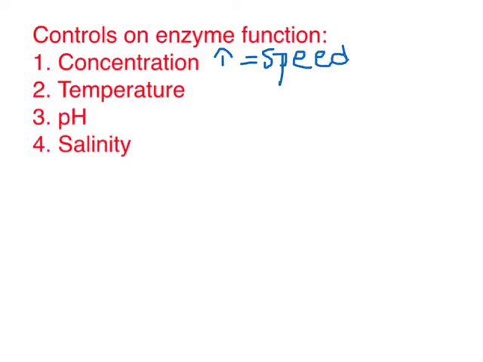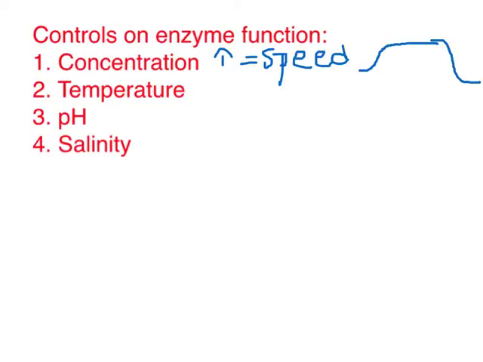You could add more substrate without changing the enzyme's concentration, and then what's going to happen is the enzyme is just going to get so fast, and then the enzyme can only work as fast as it can work, and so your speed will kind of plateau. So you'd get a graph of speed that looks like that, and it would just kind of plateau and stay there unless you added more enzyme. So concentration of enzyme and also concentration of substrate. As you reduce the concentration of substrate, that's going to eventually slow down the reaction, so eventually your graph would do that, right?